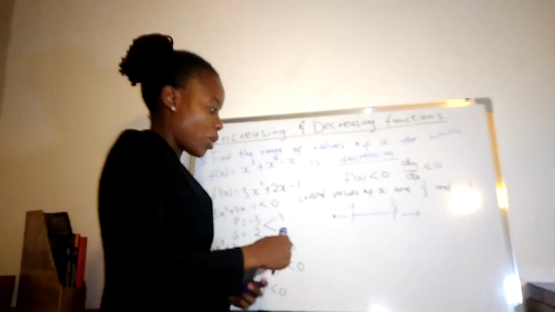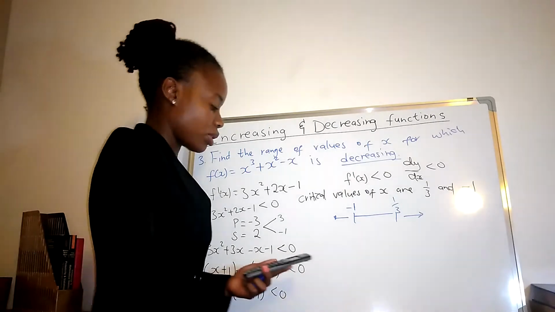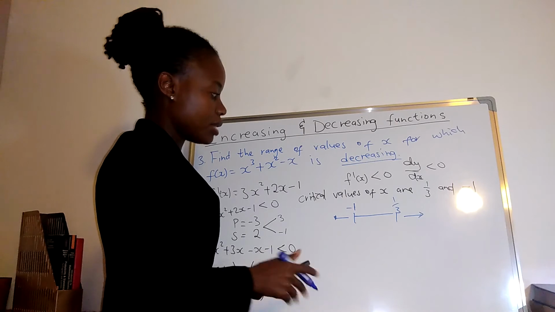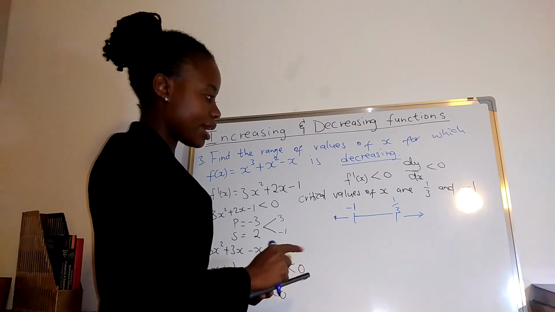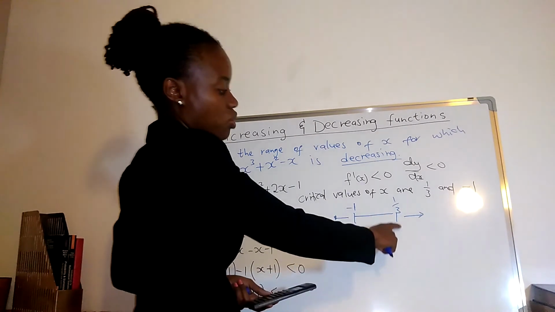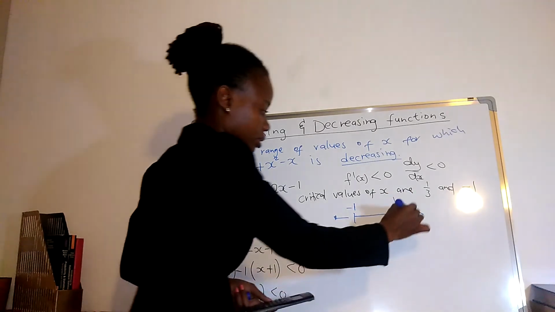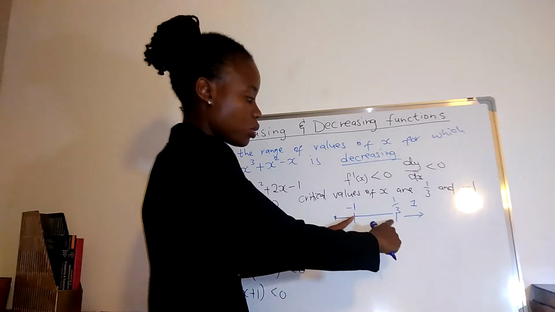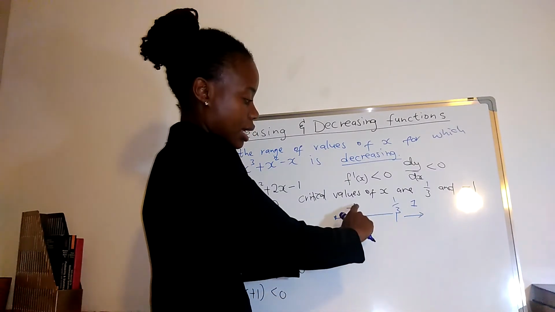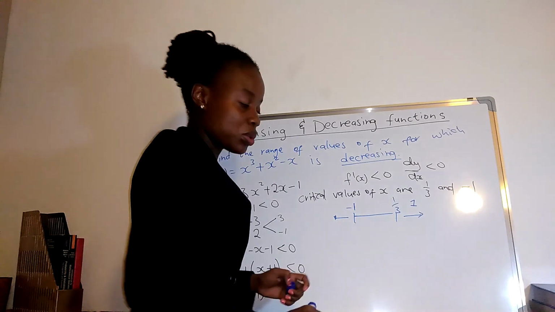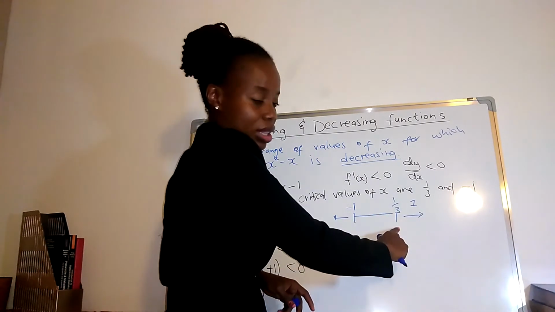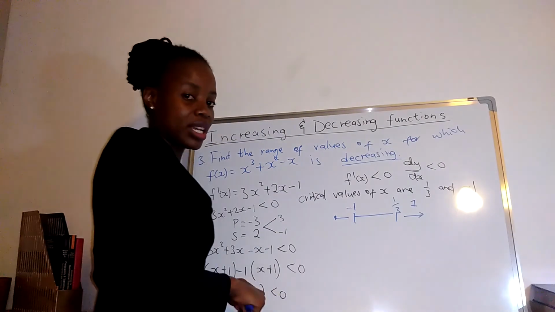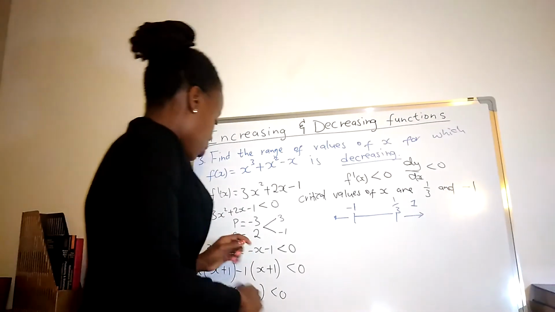So let's use a number more than 1 over 3. Let's use 1 here. So far we know how to check using a number between our values. Now let's use a number this side of 1 over 3, or this side of negative 1. We're going to use 1.